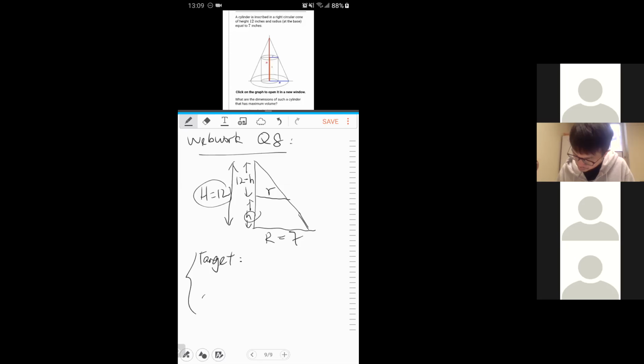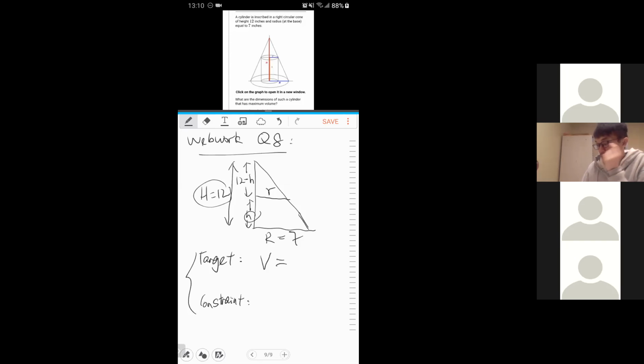Let's put down the two equations, the target and the constraint. What is the target function here? What is a function that I want to maximize or minimize? Okay, the volume. Volume of what? Is it a cone or is it the cylinder? It's the cylinder.